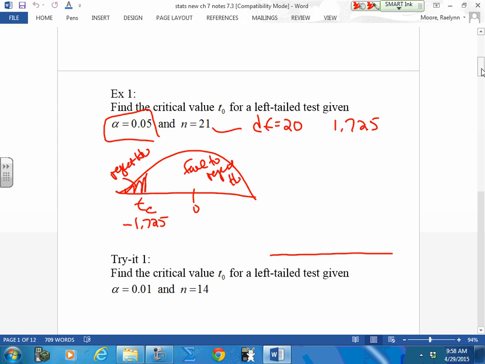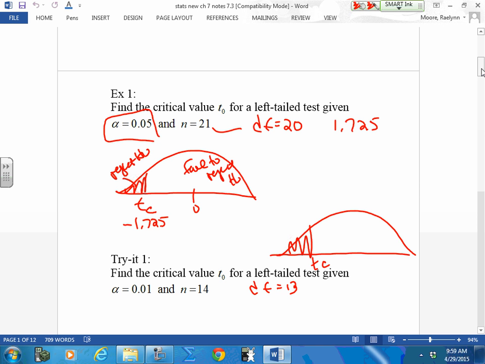So do this one for me. We have a left-tail test. See if you can find me your critical value cutoff when your level of significance is 0.01 and your n is 14. What's my degrees of freedom here? 13. So you're looking up degrees of freedom 13.